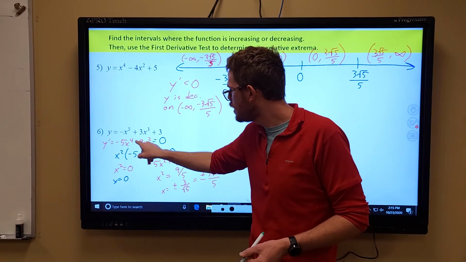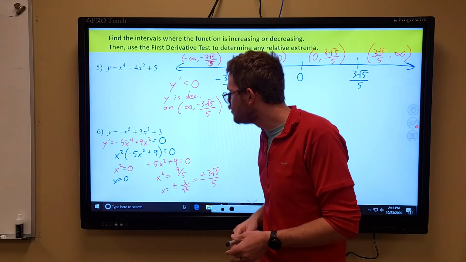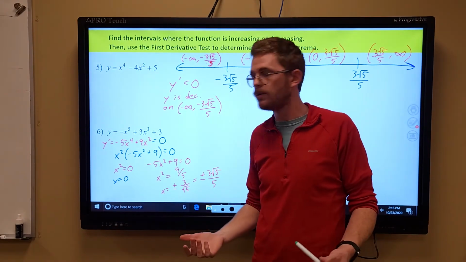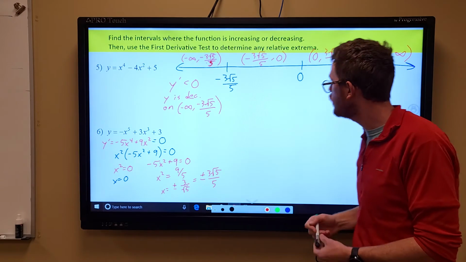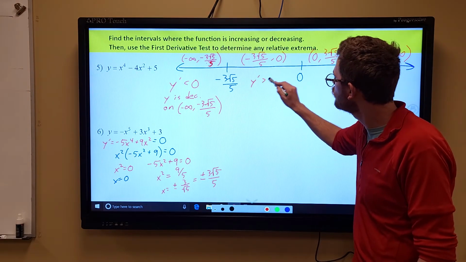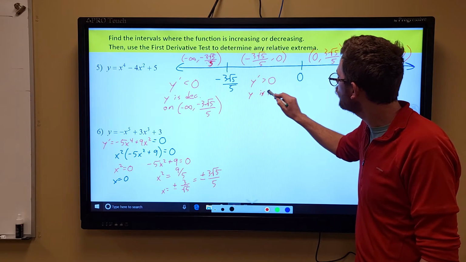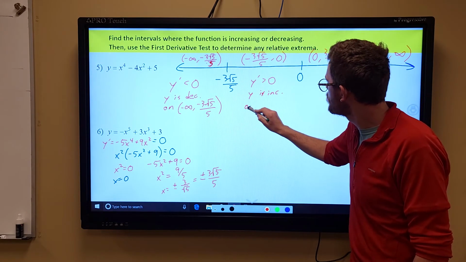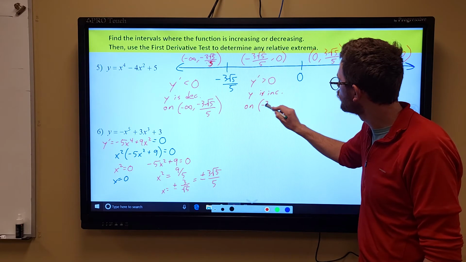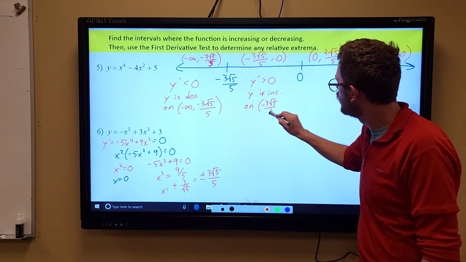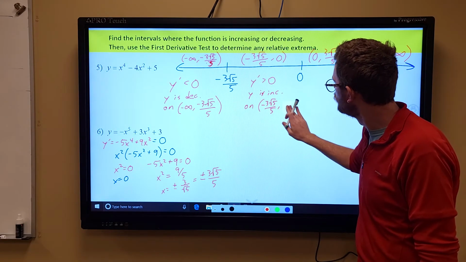Negative 1, if I plug it in right here, I do get a positive value. Notice, think about it, we do get a positive value in our derivative right here. So that means our original function is increasing on our interval from negative 3 root 5 over 5 to 0.